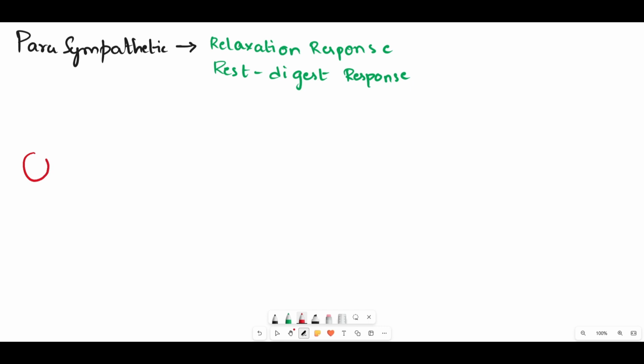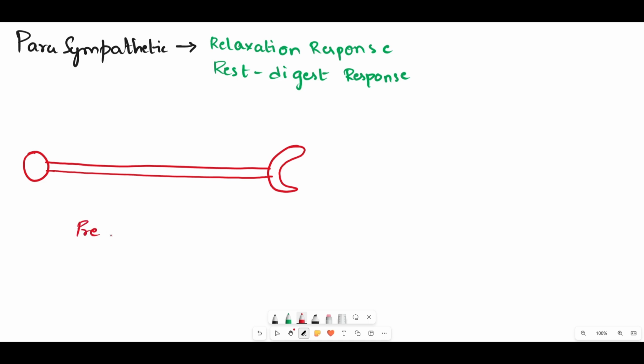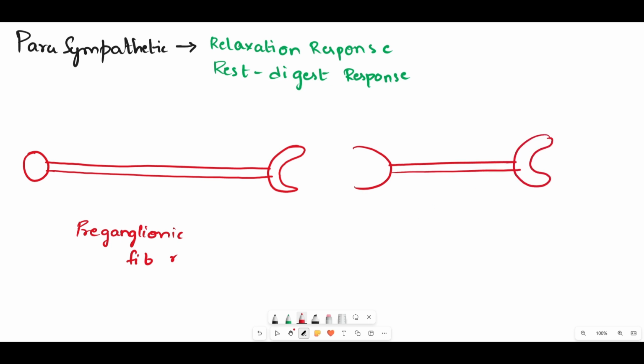So consider this part as a preganglionic fiber. Similarly, this part as a postganglionic fiber. If you can see the difference here, the preganglionic fiber is long and the postganglionic fiber is short.